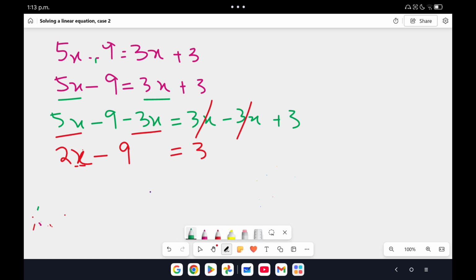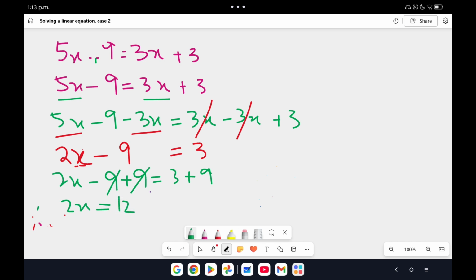In order to cancel the constant, since the given equation has 9 with the negative sign, I'll add positive 9 on both the sides to cancel this constant. You can see that this 9 is cancelled out and the equation is reduced to two terms.